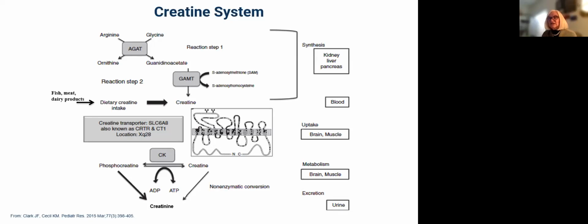The second step is catalyzed by the enzyme GAMT, guanidinoacetate methyltransferase. In this reaction, we have the transfer of a methyl group from S-adenosylmethionine to guanidinoacetate to form creatine.